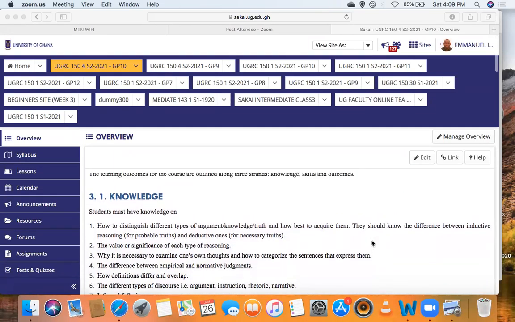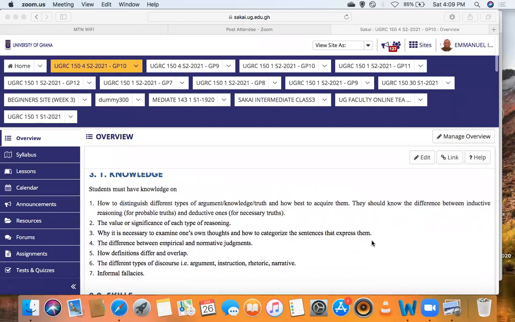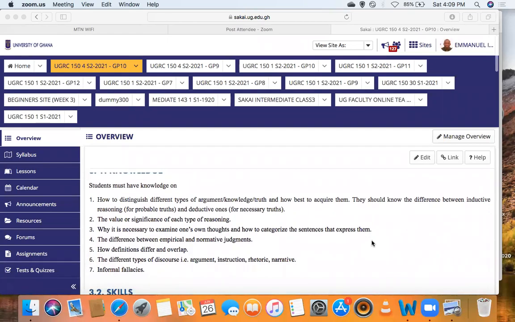Now, at the end of this course, we are hoping that we have made some gains. For instance, in the area of knowledge, we are hoping that, number one, we would learn how to distinguish different types of arguments. Number two, we would at least know the value and significance of each type of reasoning.